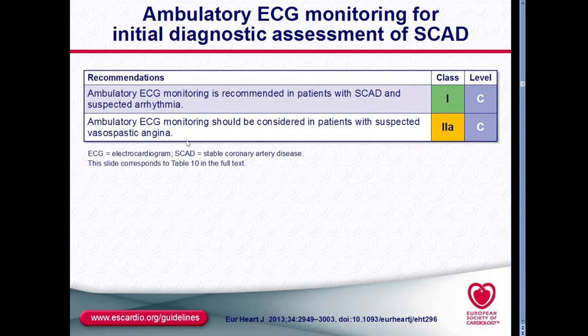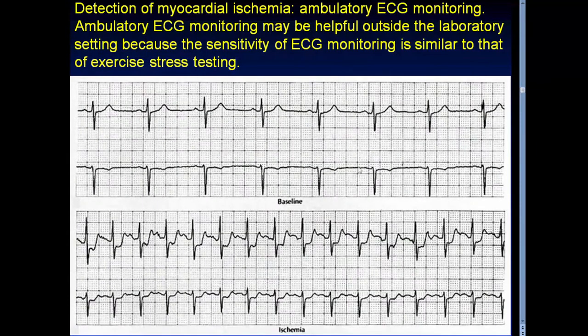The vasospastic angina we see in less than 5% of the patients having angina clinic. And how the ambulatory ECG monitoring can reveal the ischemia, you see here, is the baseline, and on exertion associated with sinus tachycardia, you see the depression of ST segment.